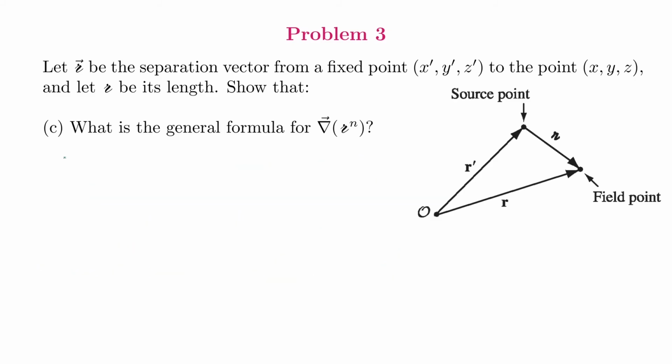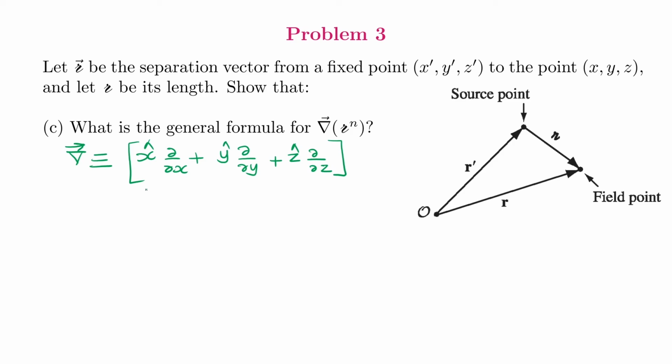Let's now do the C part. What is the general formula for the gradient of script r to the power of n? We know that the gradient is x hat del by del x plus y hat del by del y plus z hat del by del z.